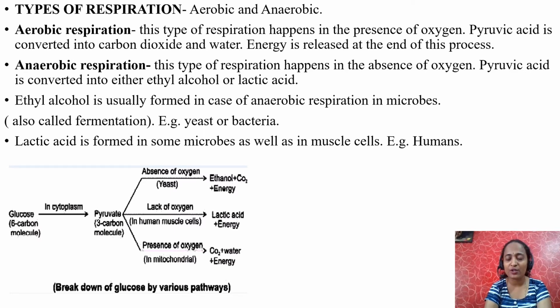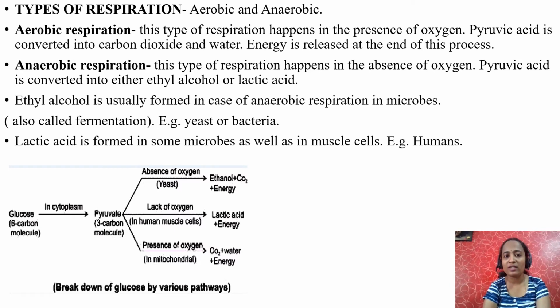For example, in case of aerobic respiration, one glucose molecule yields 38 ATP molecules. But in case of anaerobic respiration, one glucose molecule yields only 2 ATP molecules. A lot of energy difference. Pyruvate, again, lack of oxygen. There is a difference between absence and lack.